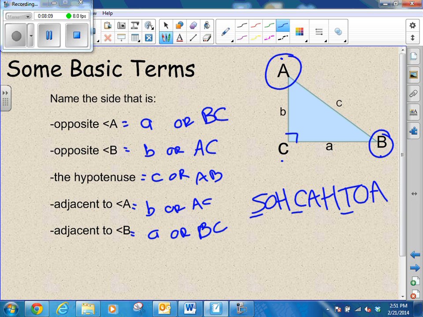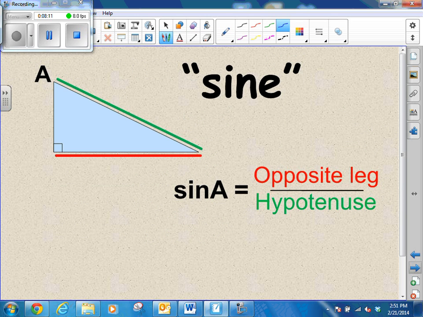The O, the H, and the A. Draw these. So you have sine first. That's the SO part, the SOH. Sine of an angle A, when I stand at A, I just choose that one, is the opposite side over the hypotenuse.